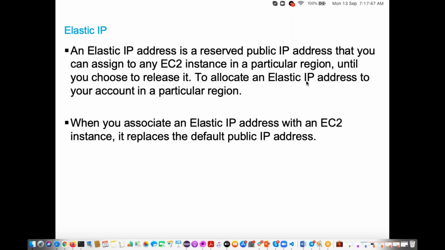To allocate an elastic IP address to your account in a particular region, whatever elastic IP you create is in that region only. When you associate an elastic IP address with an EC2 instance, it will replace the public IP address.